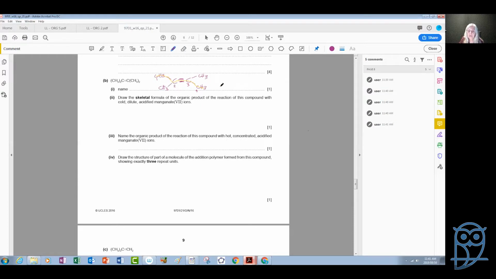So the name here would be 2, 3. We have 2 methyls, so dimethyl. We must not forget the dimethyl, because we have 2 methyls, one here, one there. And because we have 4 carbons in our long chain, it's of the type of butane, butene actually, because we have a double bond.